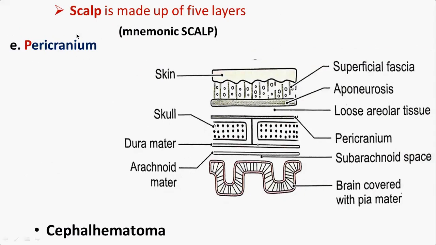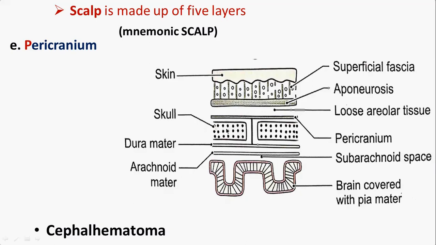The last layer is called the pericranium. As the name suggests, it is around the skull bone. Here you can see the pericranium, and this is the skull. Above the skull there is the pericranium, and here there is also the suture.